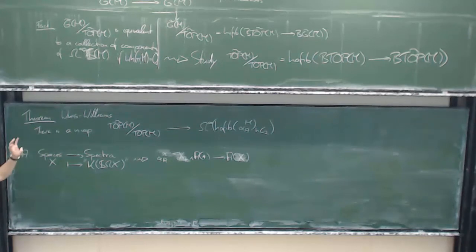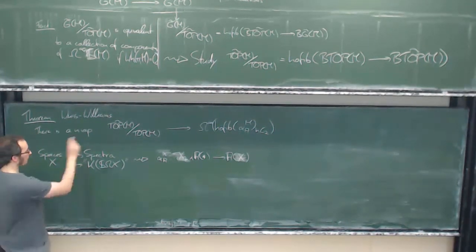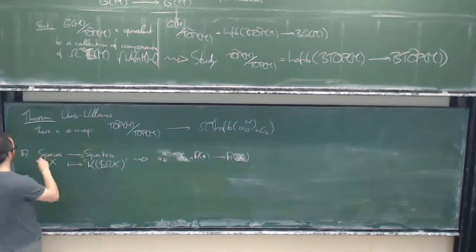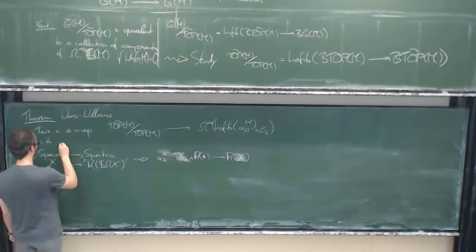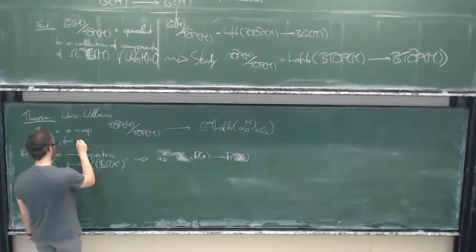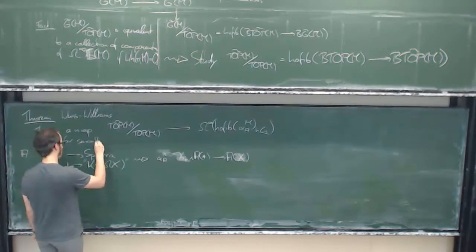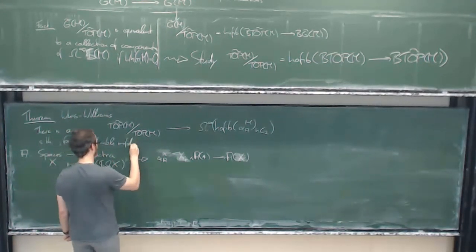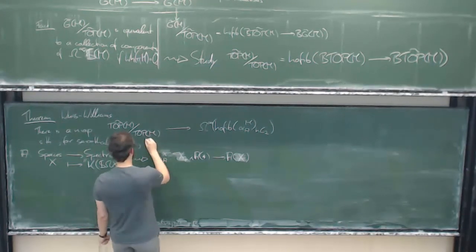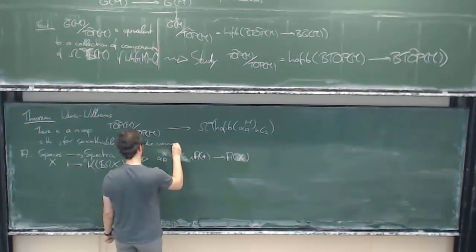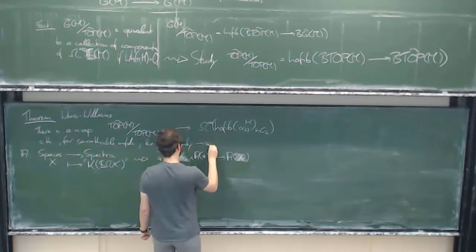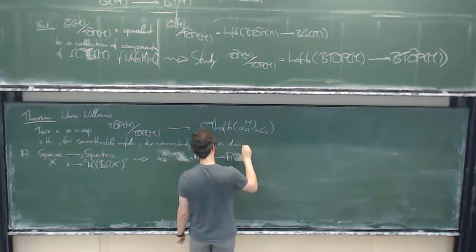And the claim about this map is that we can describe its connectivity in terms of a certain invariant associated to manifolds, which for a topological manifold is not really known at the moment. But if we assume that our manifold is smoothable, this is for smoothable manifolds, we know that the connectivity of this map diverges as the dimension becomes larger.